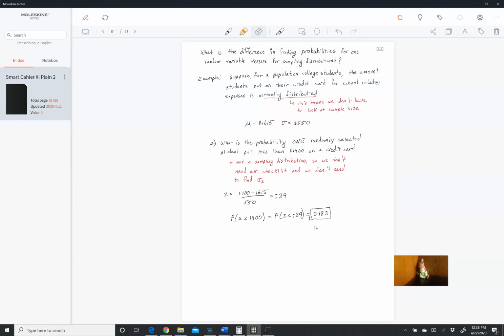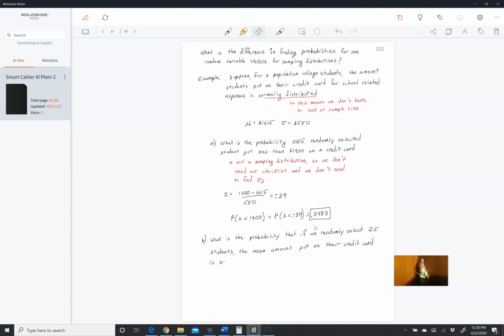Okay, versus the question, what is the probability that if we randomly select 25 students, the mean amount put on their credit card is less than 1,400.